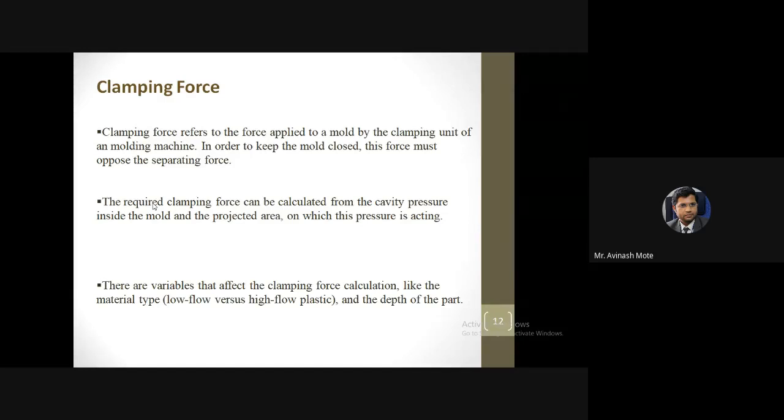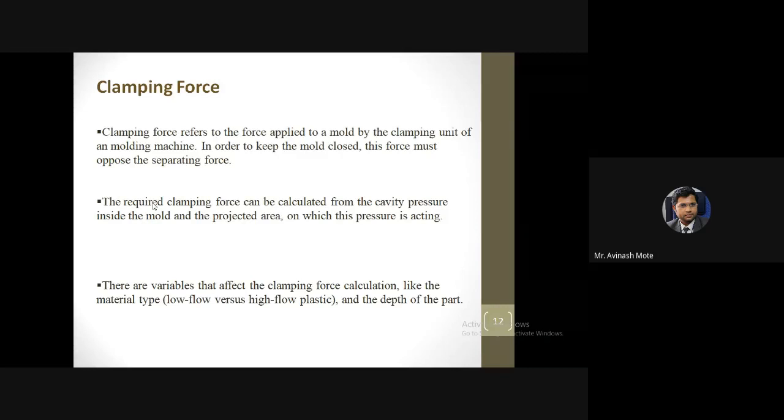Now what will happen when we are forcing the two parts of the mold to close, these gases will generate, and they will try to escape from the mold cavity. While trying to escape, they will apply a pressure on the surface, in the reverse direction of the pressure applied by the setup, or by the ram, or by the plunger.